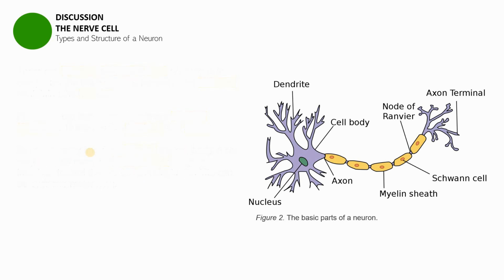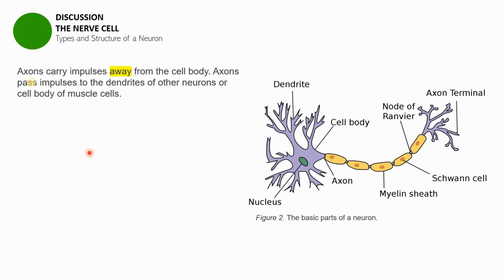We are gonna rely on axons. Since axon starts with letter A, that could be taken as its definition, which is they carry impulses away from the cell body. So A for away, axons.